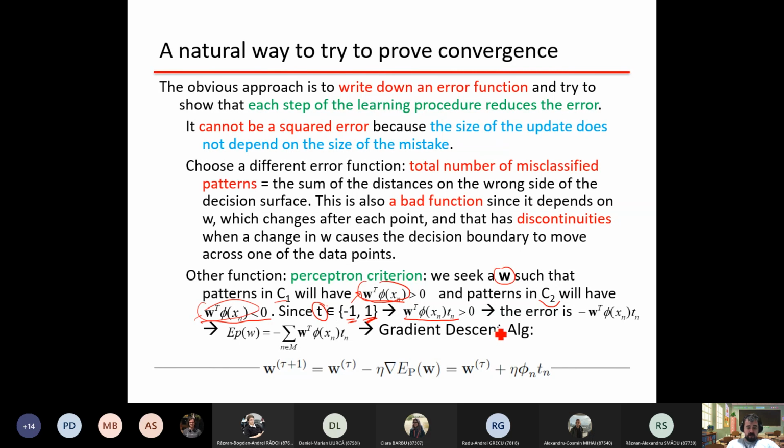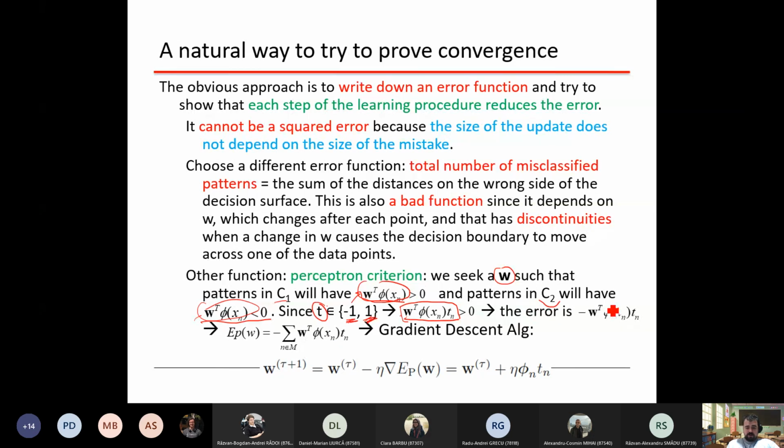If we have errors, this value will be smaller than 0, because either we have a positive point that has the target -1, or we have a negative point that has the target 1.